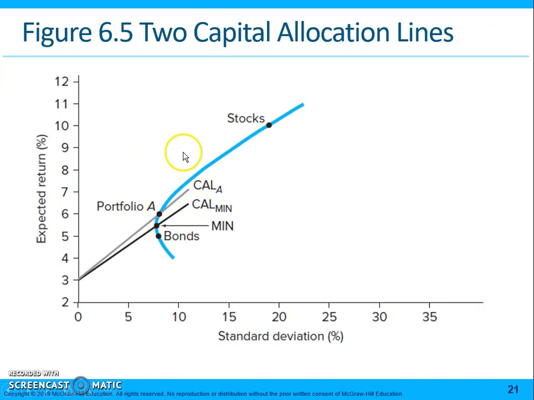We created our investment opportunity set previously, so same idea. This chart shows our minimum variance portfolio. We have bonds here, stocks here. Just an example portfolio here, A. This portfolio appears to have an expected return around 6 and a standard deviation of 8.